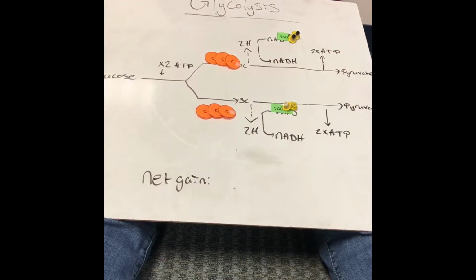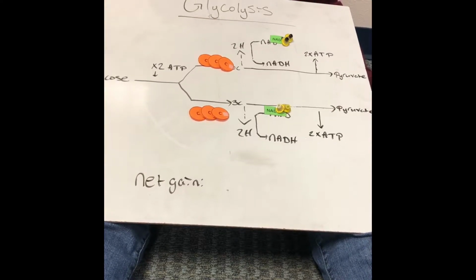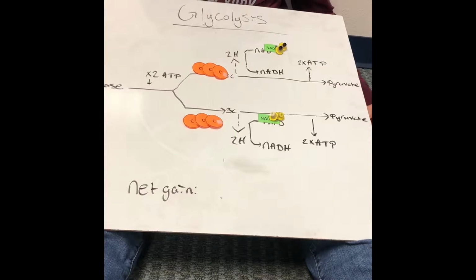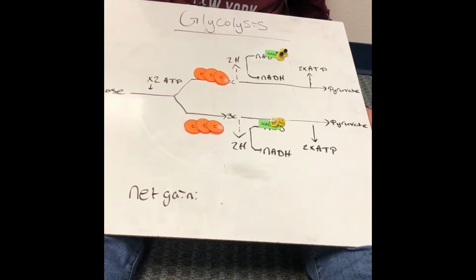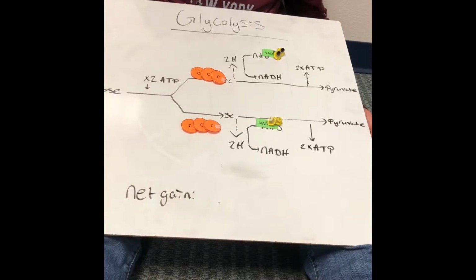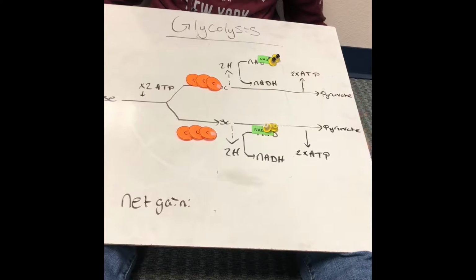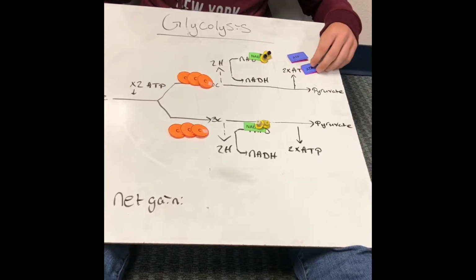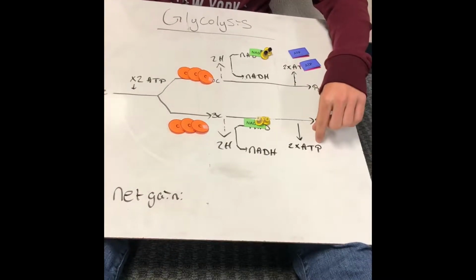So once NADH is formed, that is going to be a final product counted in glycolysis. And then what is made further down the line in glycolysis is going to be 2 ATP on the top, and then there's going to be 2 ATP on the bottom.